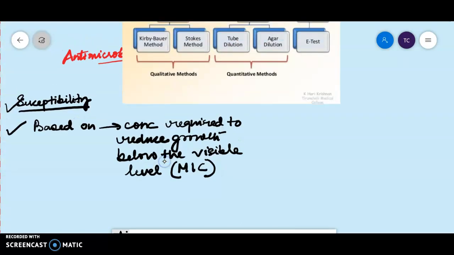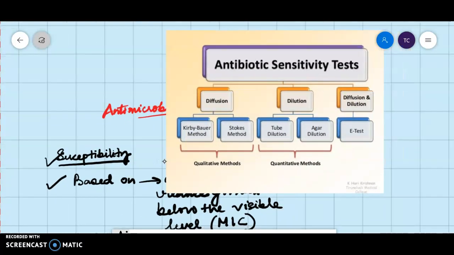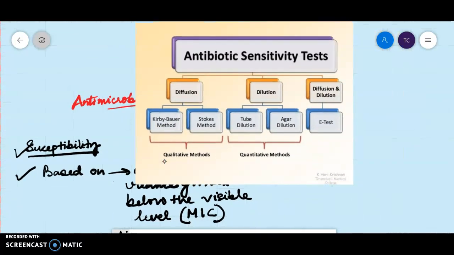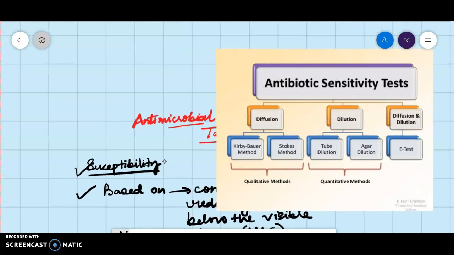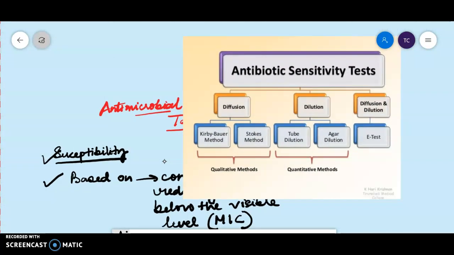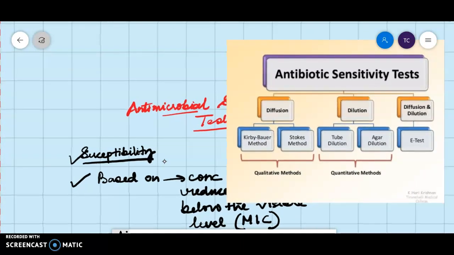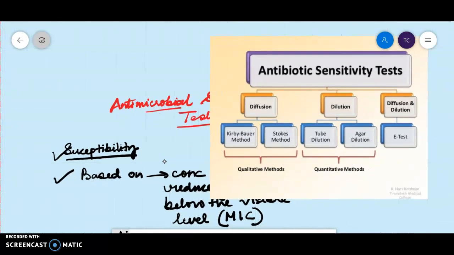So this is your antibiotic susceptibility tests, or your antibiotic sensitivity test. It basically comprises of diffusion and dilution both.